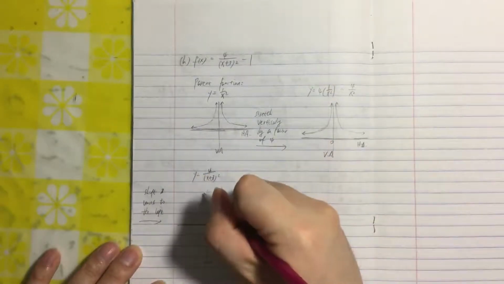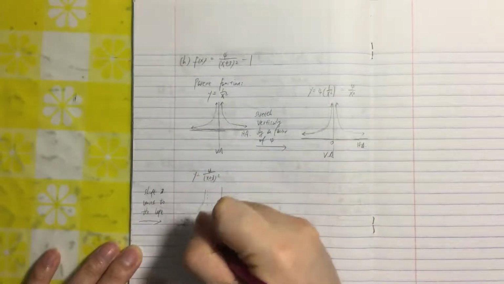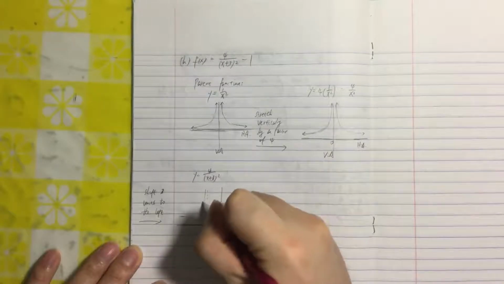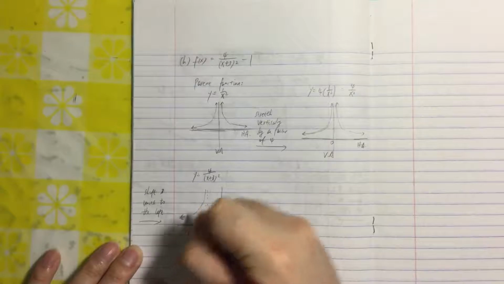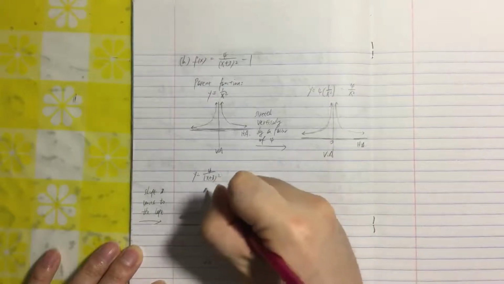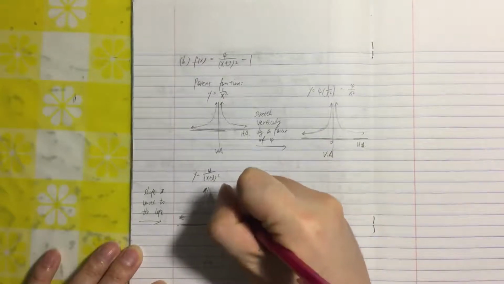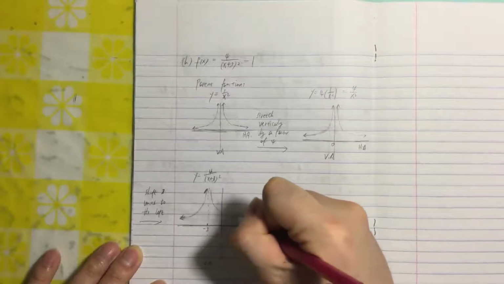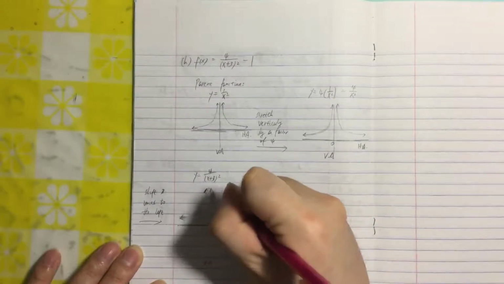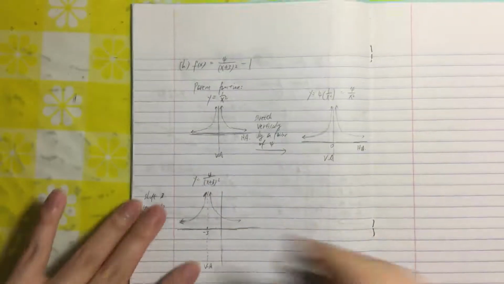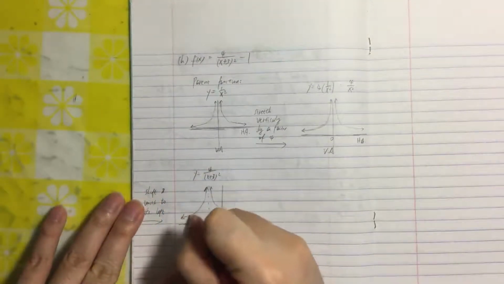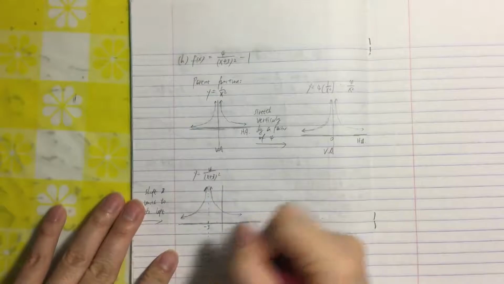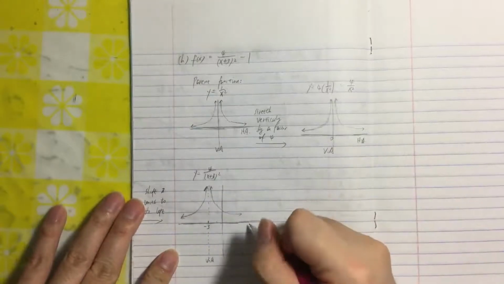And the horizontal asymptote stays the same.